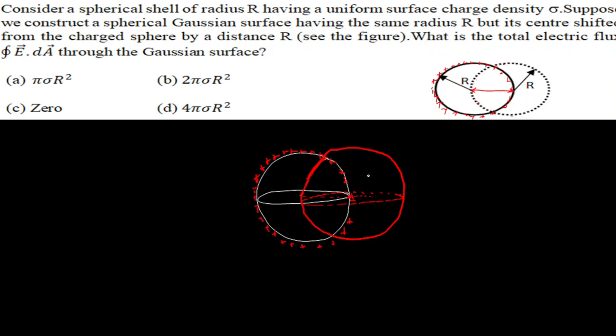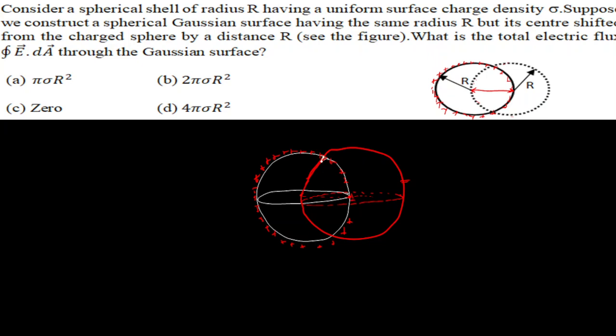Then what will be the flux through this Gaussian surface? In this case, the Gaussian surface is a spherical surface, which means it is a closed surface. Since it encloses some portion of the charge carrying sphere, it will also enclose some charge.